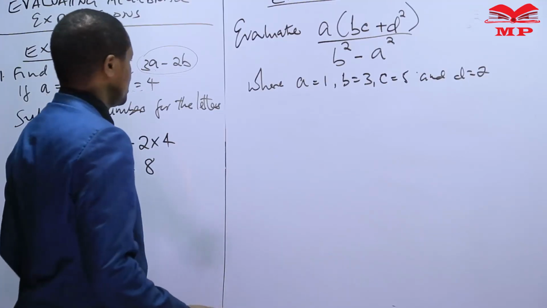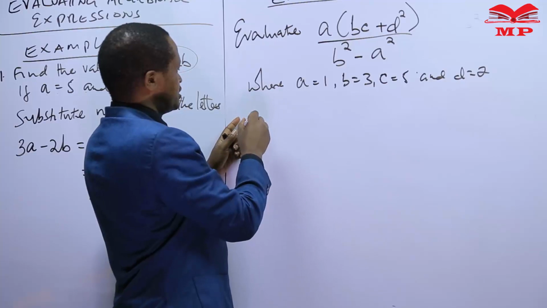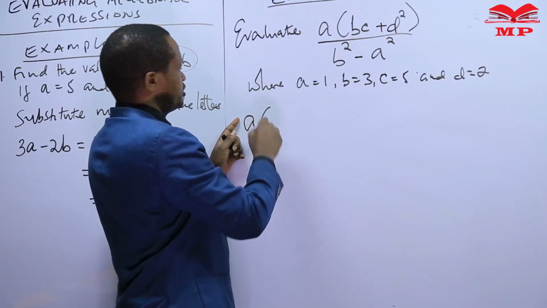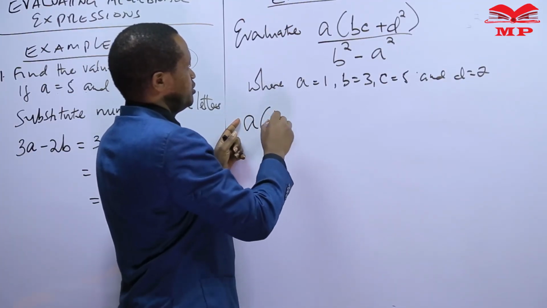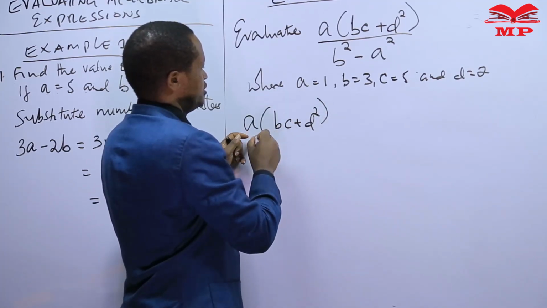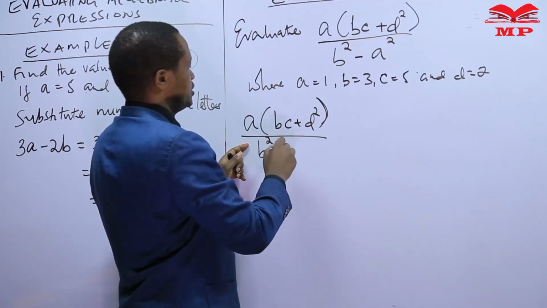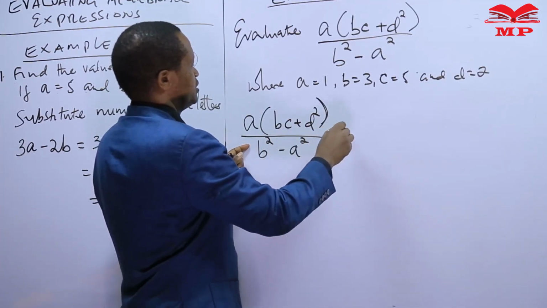So substituting numbers for the letters, the algebraic expression is A into BC plus D squared over B squared minus A squared.